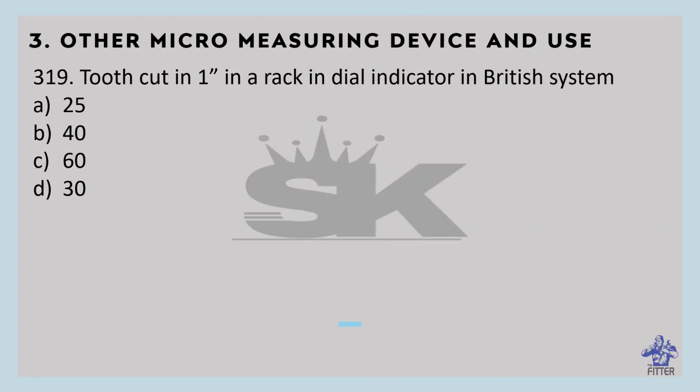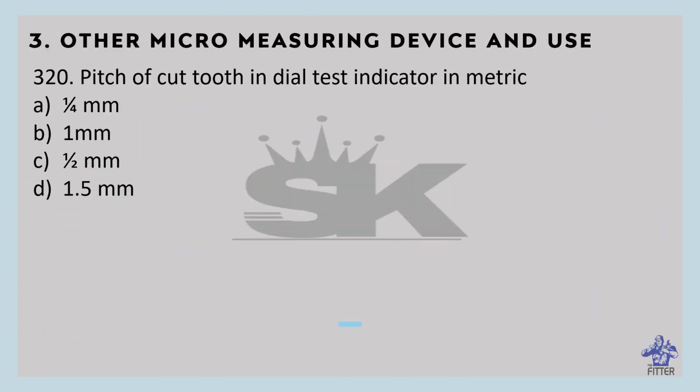Teeth cut in 1 inch of a rack in dial indicator in British system. That is 40. Okay. Option B. In British system, 40 teeth are cut in 1 inch pitch on the rack of dial test indicator. Okay. Pitch of cut tooth in dial test indicator in metric.